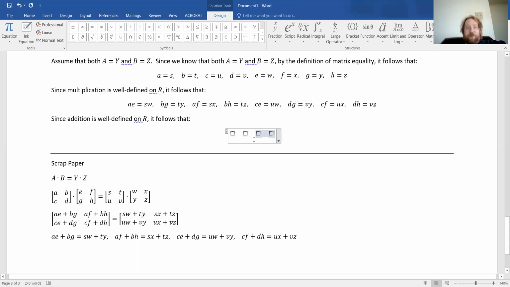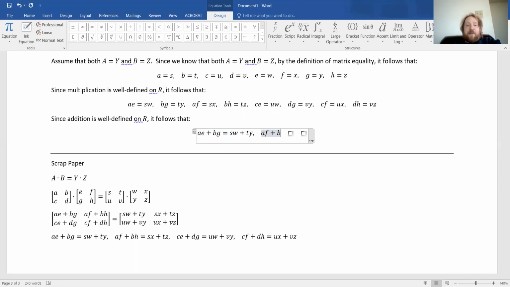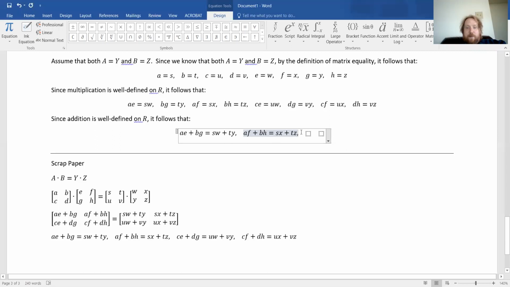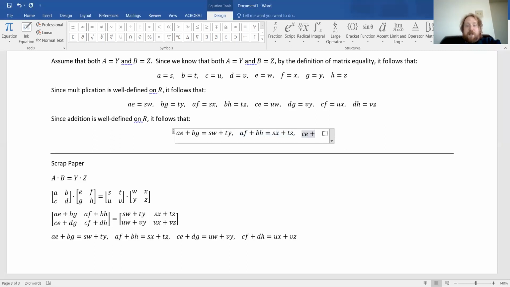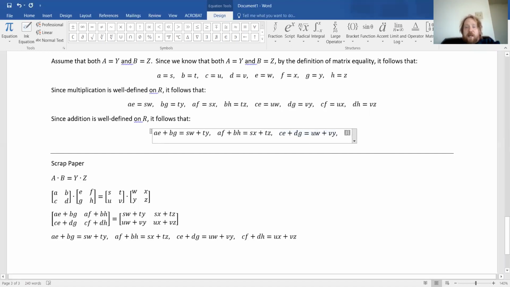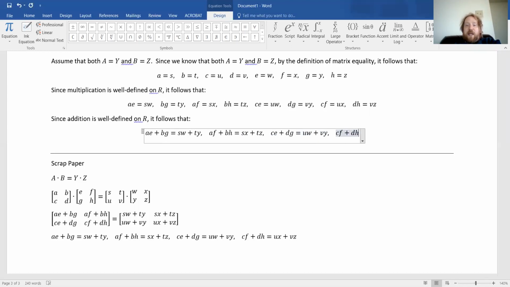So let's do AE plus BG equals SW plus TY. AF plus BH equals SX plus TZ. CE plus DG equals UW plus VY. And CF plus DH equals UX plus VZ.